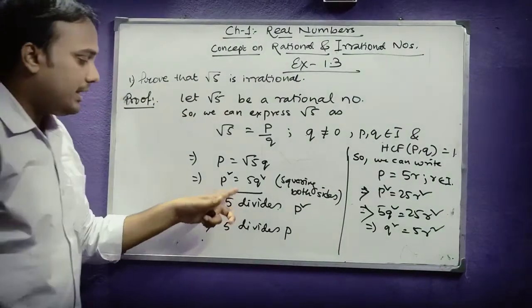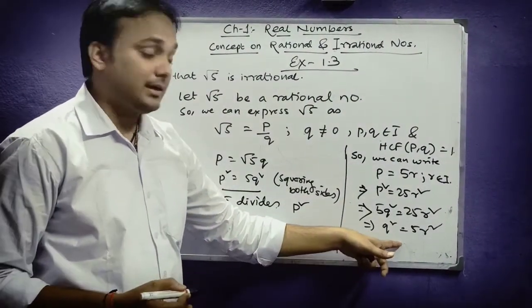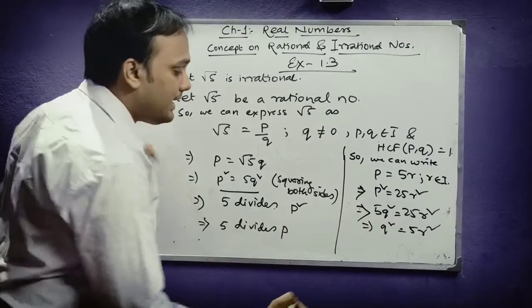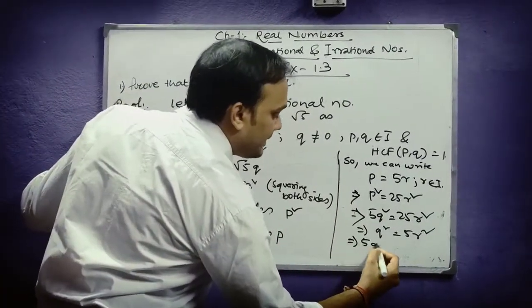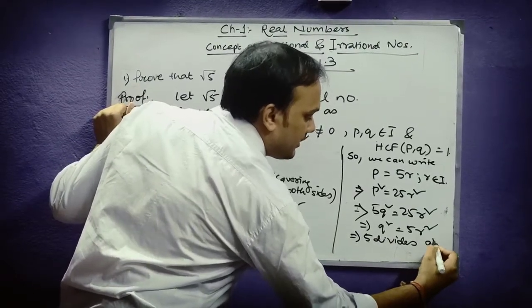Now similarly, if I apply the same theorem here, I will get that 5 divides Q square.